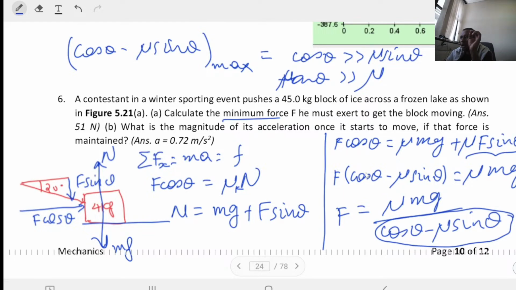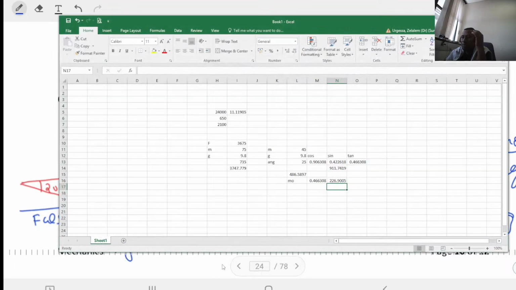If I maximize the bottom one, maybe I'm exaggerating things. I say that tan theta must be much greater than mu. Therefore, mu must be much less than that one. If I take that one, what is the smallest number I could go? mg times what equals 51?